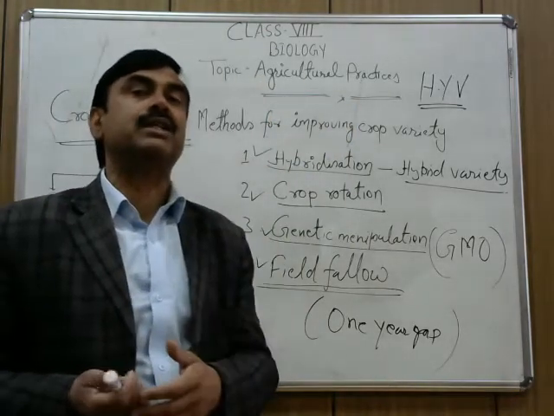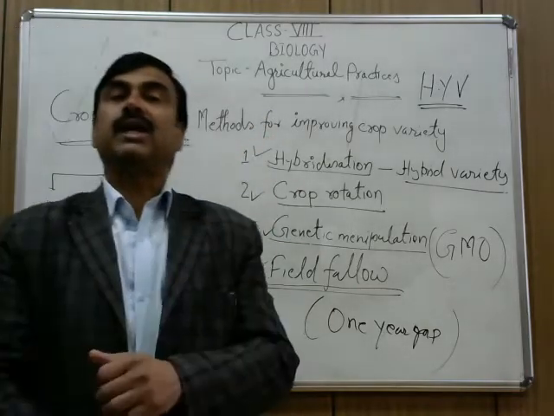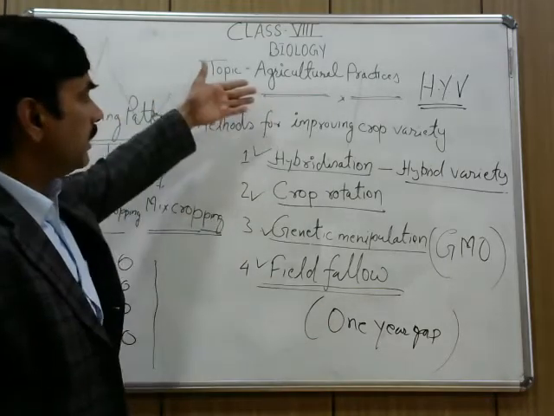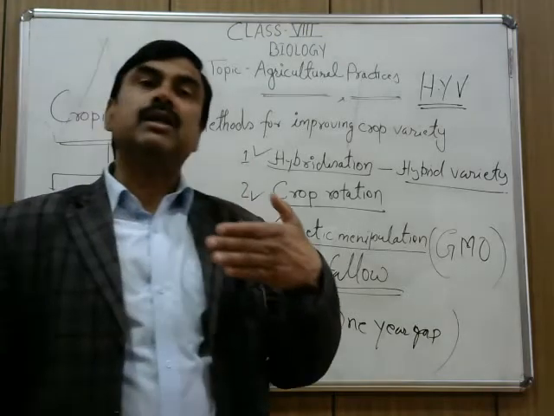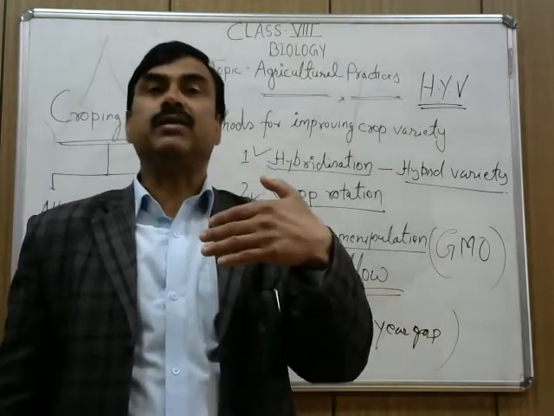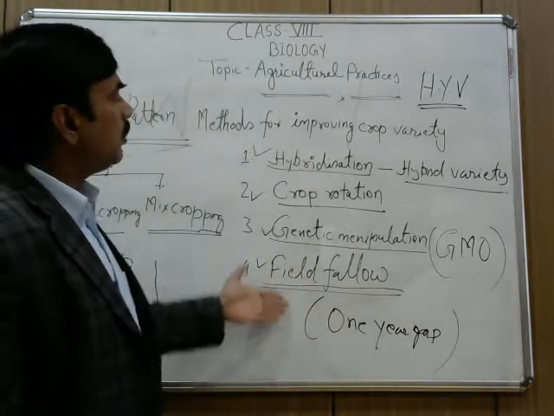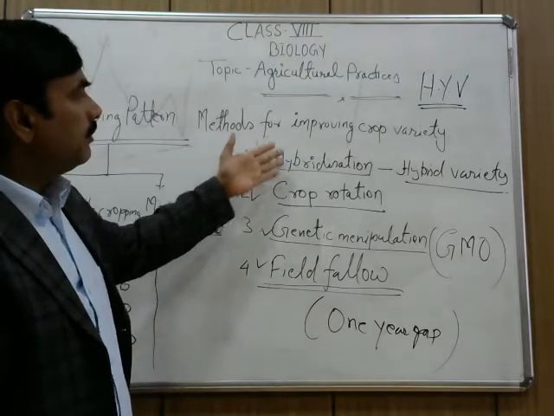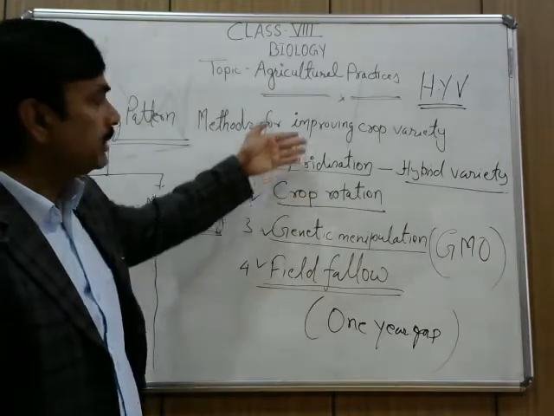In the first lecture, I told you what is green revolution, what are the agriculture practices, why we adopt these methodologies, that the main aim is to grow more and more crop, to produce more cereals in our country. For that, you have to see these topics, and you have to remember the definitions, and the examination examples for this topic.